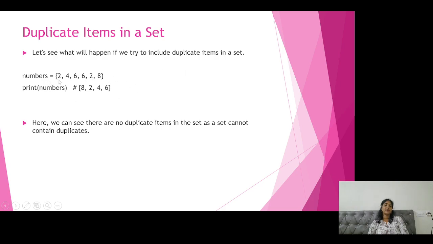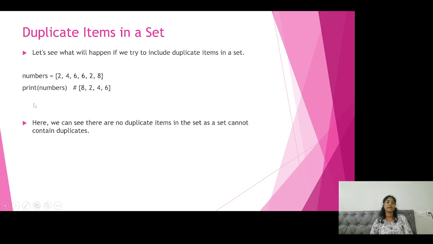Let's see here: 2 4 6 2 8. 6 is duplicated twice and 2 is also duplicated. When you try to print the numbers, automatically the duplicate 2 and 6 are removed and it didn't print in any order. That you have to identify here. A set cannot contain duplicate values, and it won't maintain order also.